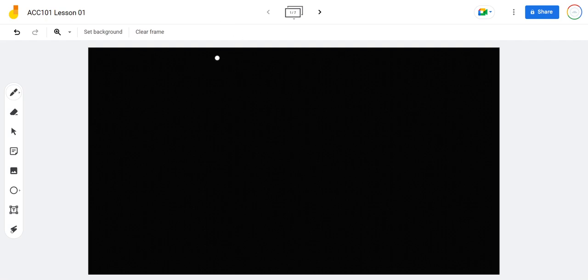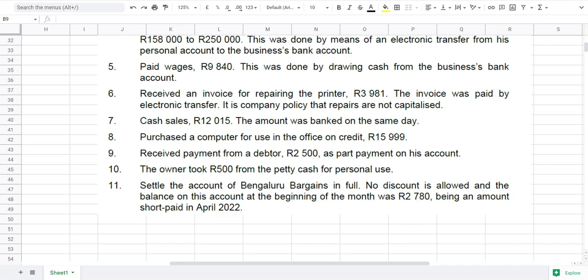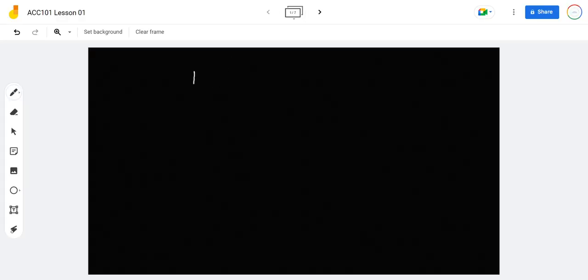They fixed it, and then they sent an invoice to us to say that we owe them. We owe them how much? 3,981. And then the company decided that we must pay it. So we paid using electronic transfer.